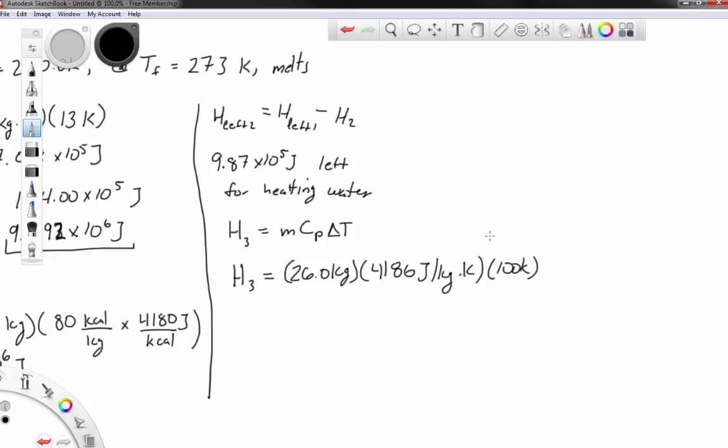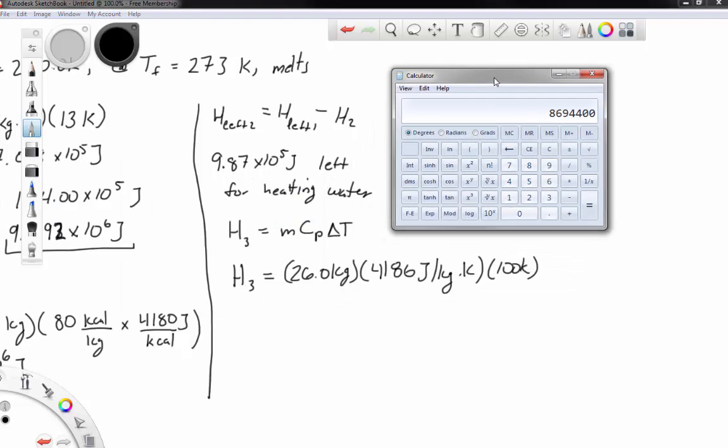I think what we're going to find here is that that exceeds the amount of heat that we have left, so we can recalculate and just figure out what the delta T is. But let's go ahead and plug these numbers in to make sure that's true. So 26 times 4,186 times 100. And sure enough, this number exceeds this number. This is well over that 9.87 times 10 to the 5th.